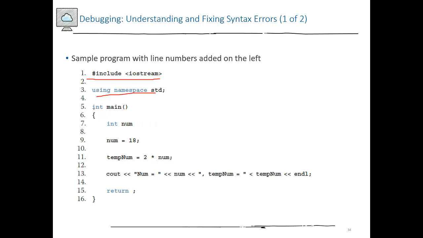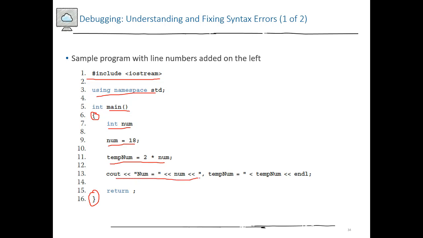And it starts with the main function, and it has the curly braces that surround your statements. And then you have a declaration. Well, actually, an assignment. This is an assignment. And then you have a statement that executes and does something for us.